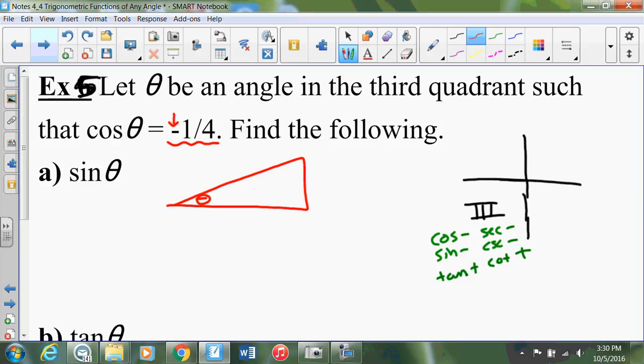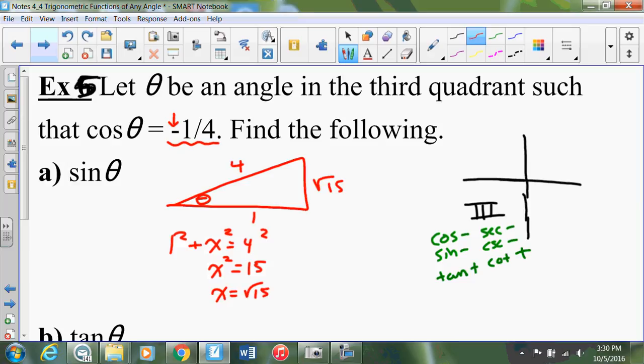Distance is always going to be positive. So cosine is adjacent over hypotenuse. I'm going to do the Pythagorean theorem real quickly. So we'll have x squared equals 16 minus 1, which is 15. So x is equal to the square root of 15.